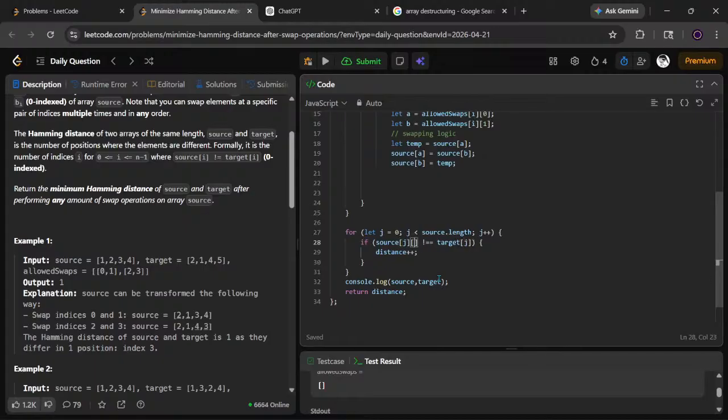Each source of j plus 1 and target of j. Should I write it target of j?